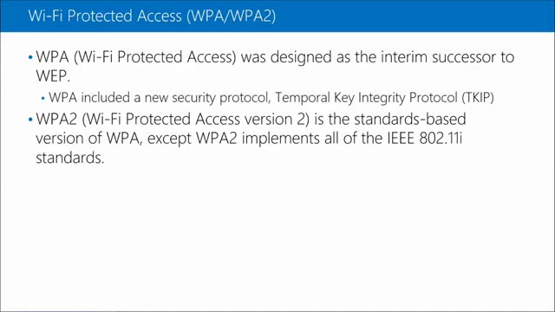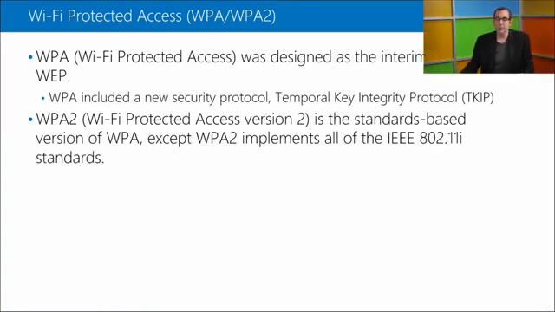Hence the interim: the first one was interim because they were working on the 802.11i standard and its full implementation. Very similar to what they did with 802.11n, which is merely a bandwidth protocol. They actually started releasing devices for it before the protocol had been finalized and called them draft. You could actually get devices that said draft on the box. It was kind of weird for me to see.